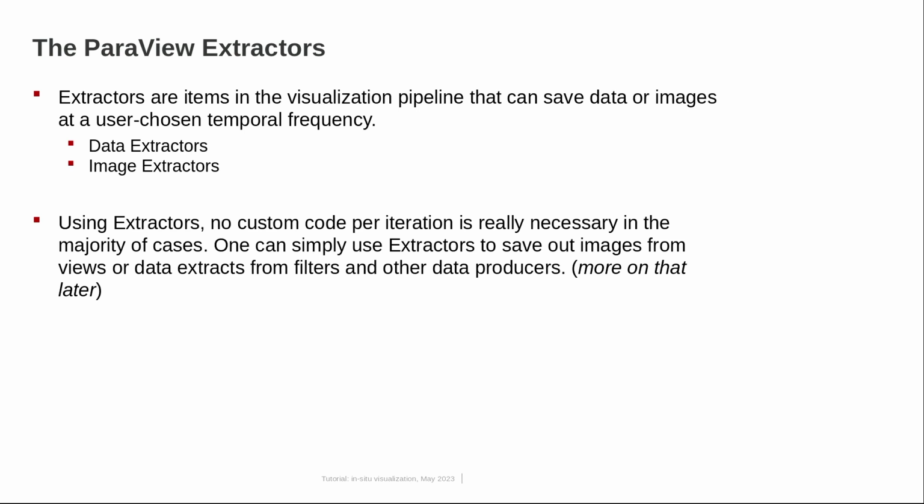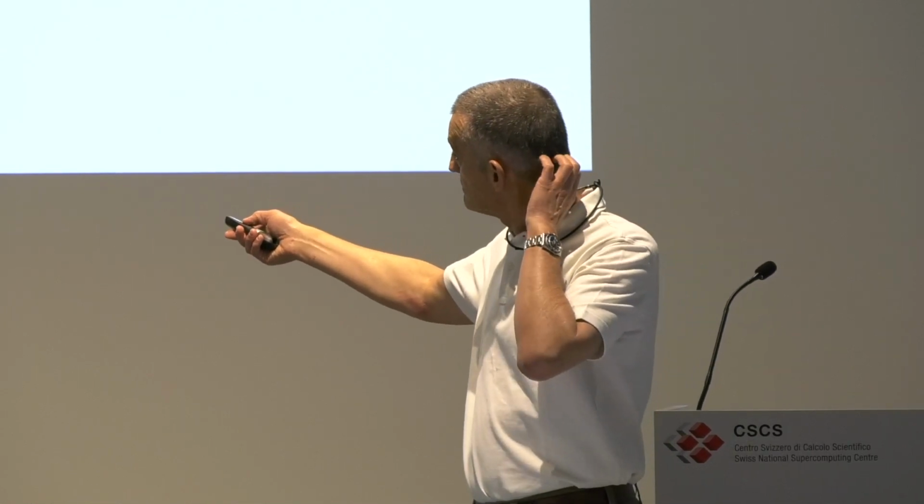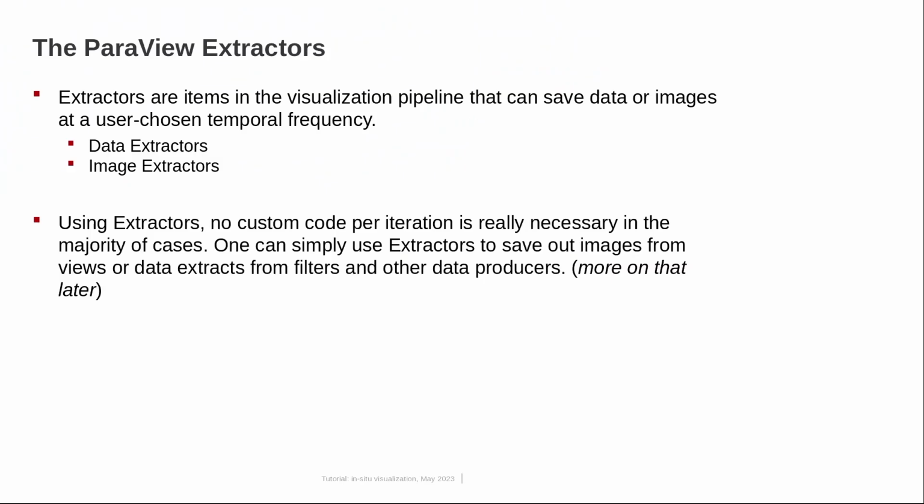Those extractors can execute at a given temporal frequency. So for each one of those, I can say, every 100 iterations, please execute, or every 50 iterations, whatever. We can mix and match. Using the extractors, you don't need any special code, really, in the majority of cases. The extractors will save images and data to disk.